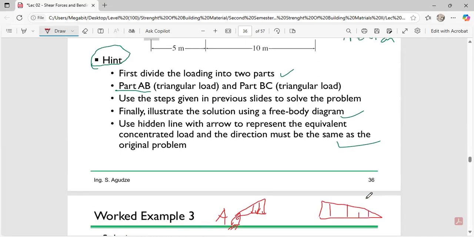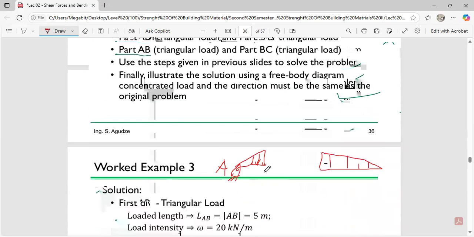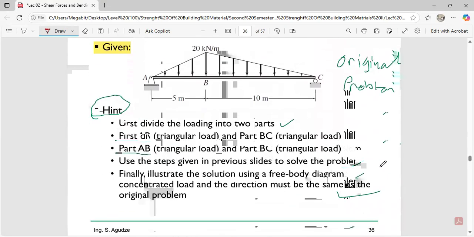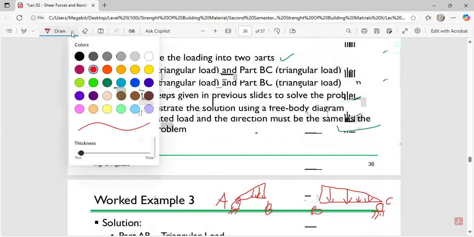So here is also B, and here is C. But I realize that here is a roller. So here is C. The problem has been split into two. Then you can tackle AB first, and later tackle BC.